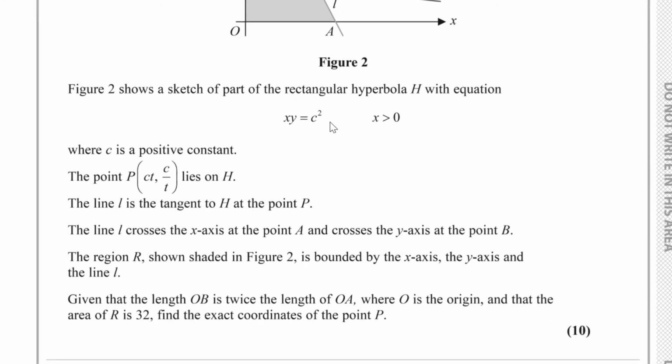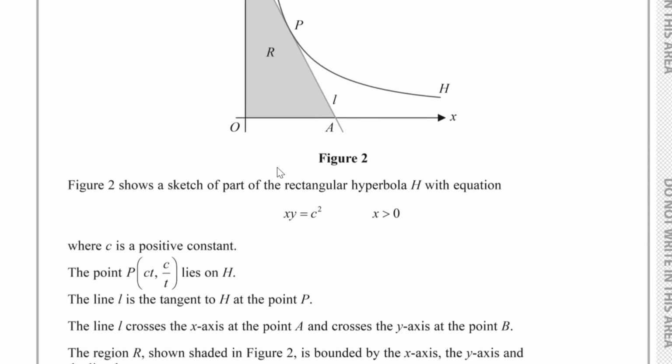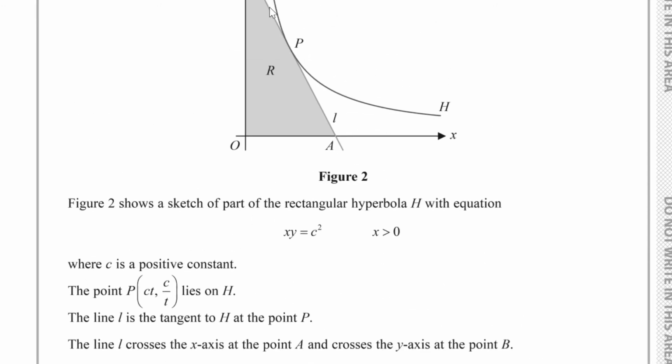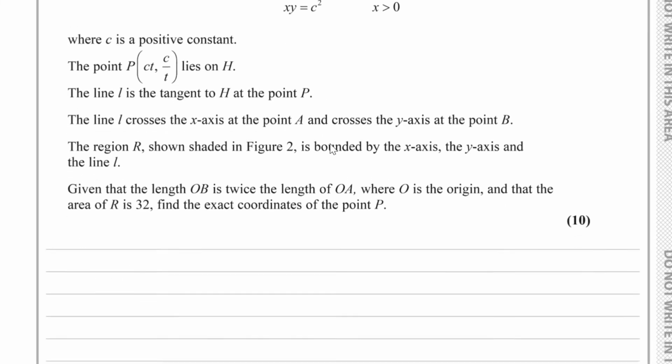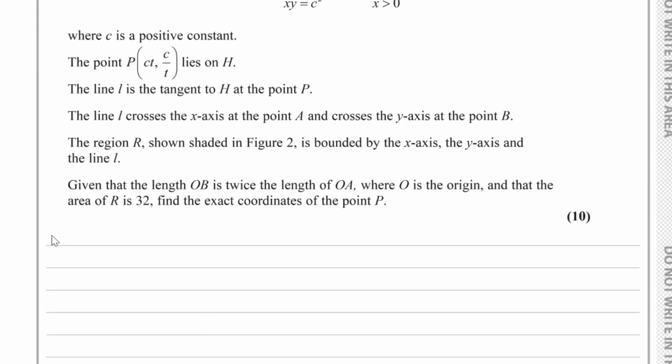Well, first of all, we can rearrange this equation here and then differentiate that. The reason we want to differentiate is at the point P, the line L is a tangent to the curve. So we have the equation for H, that would be y equals c squared over x, and therefore dy over dx is equal to minus c squared over x squared.